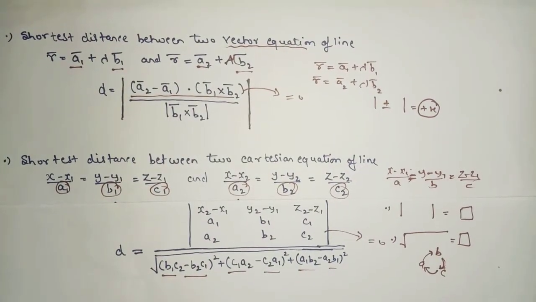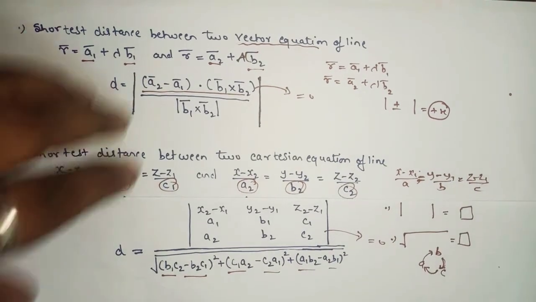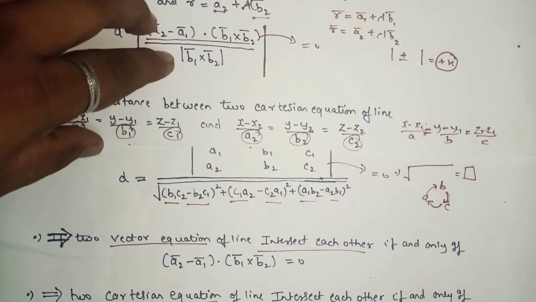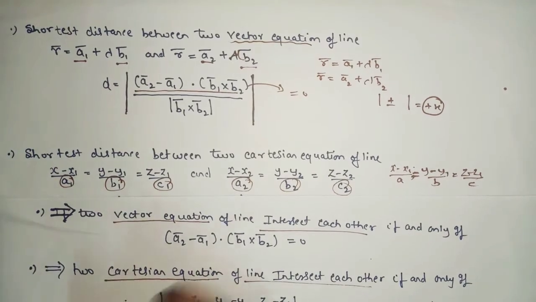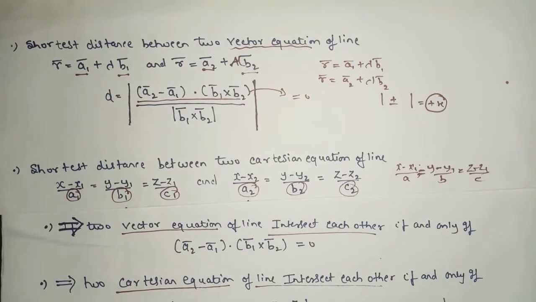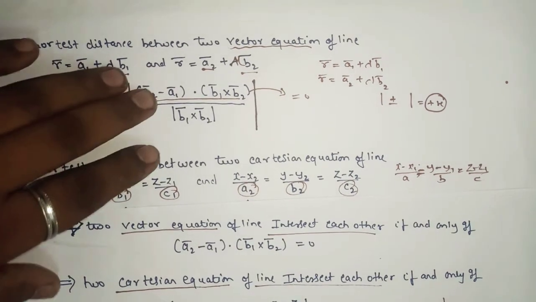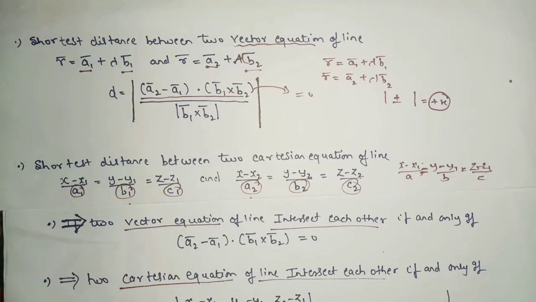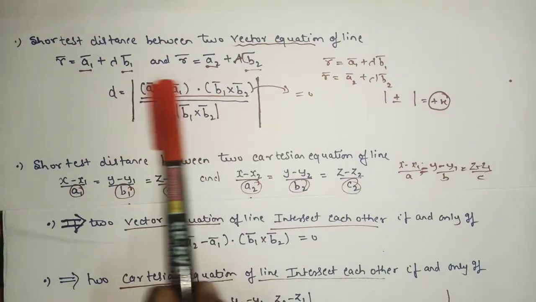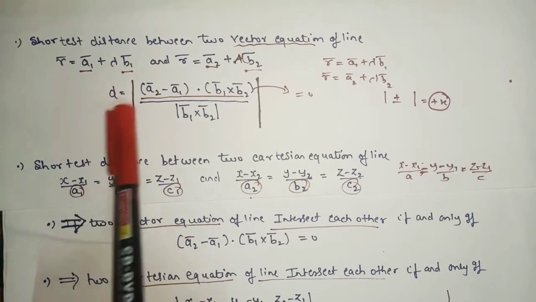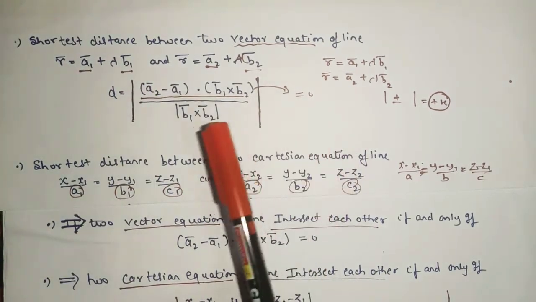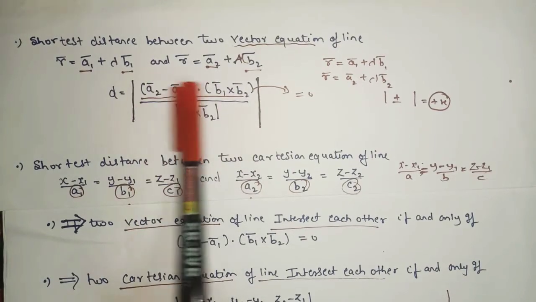Okay, so let's begin with the sum now. Before that, we have two more concepts. If the question says to check whether the given two vector equations or Cartesian equations of lines intersect each other or not, they will intersect when the numerator section, that is the distance between these two lines, is 0.